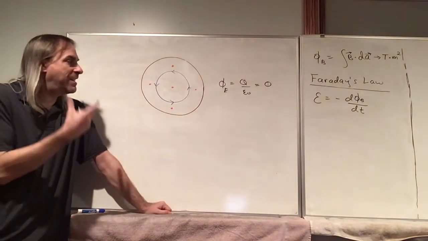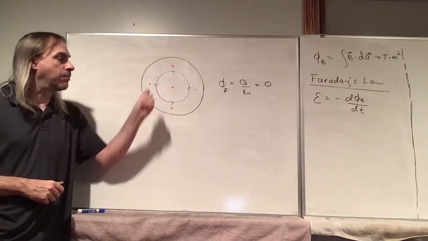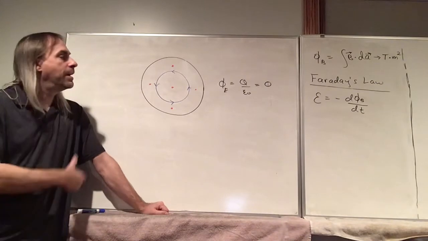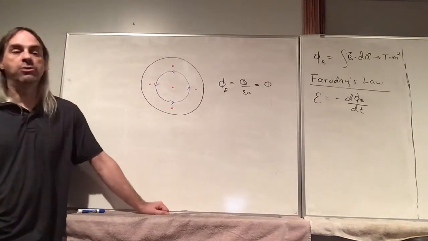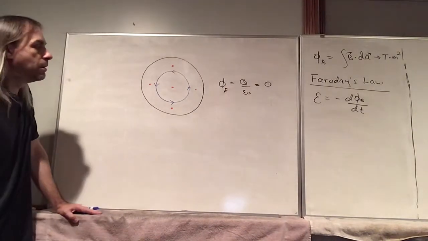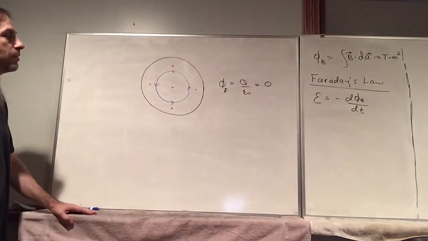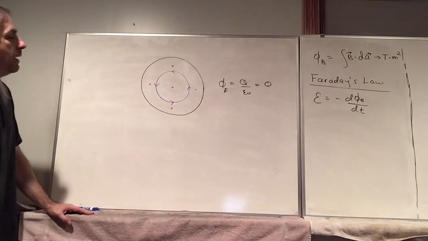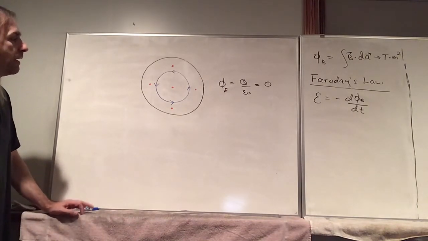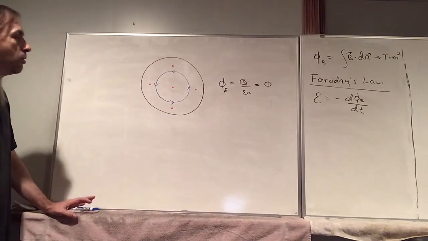And again, this is something that is not possible with static charges. It can only happen if we have moving charges. So this is something entirely new, and a very interesting thing that they form these closed loops.